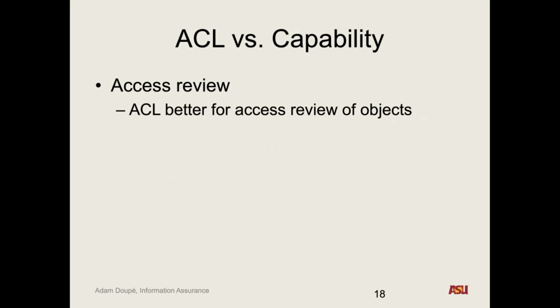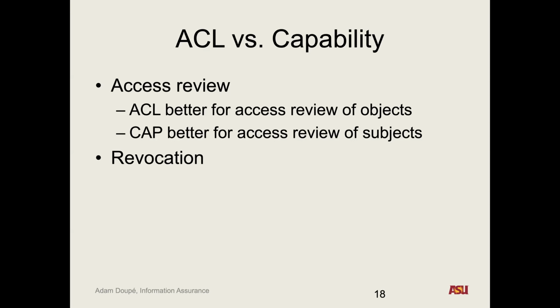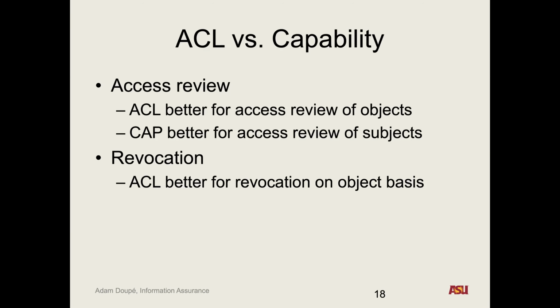The other thing is access review. If we have an access control list, it's super easy to say for this file who has access. Whereas for capabilities, it's easier to say what does this subject have access to, right? We talked about revocation. So this was the notion of kicking somebody from class. How can I revoke all their access?